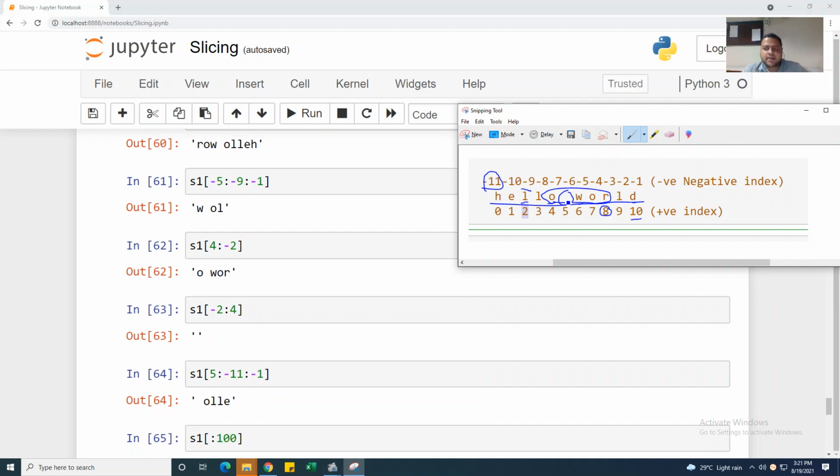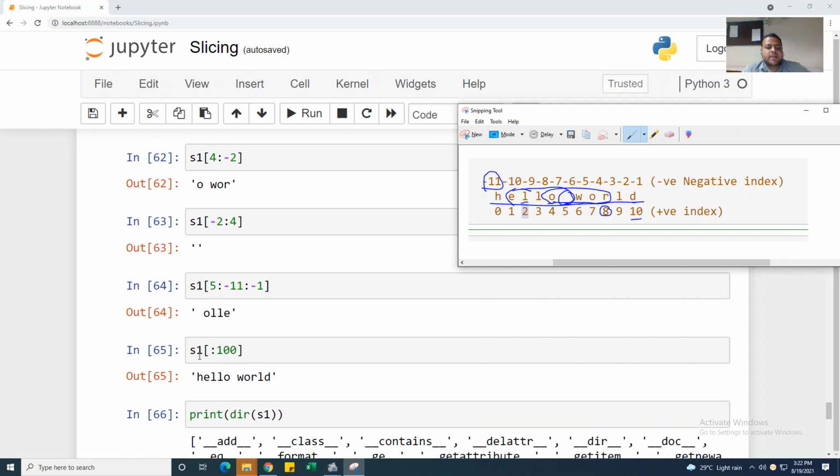It doesn't contain any string over here. Now, I am taking s1 of 5, minus 11 and minus 1. So it will give me space, O, double L, and E. This one, right?